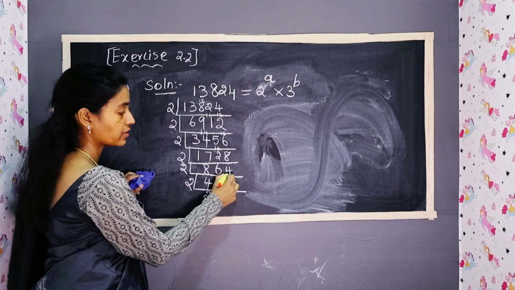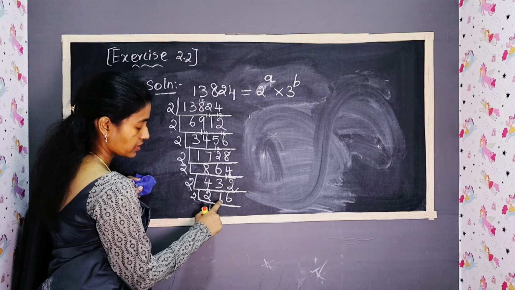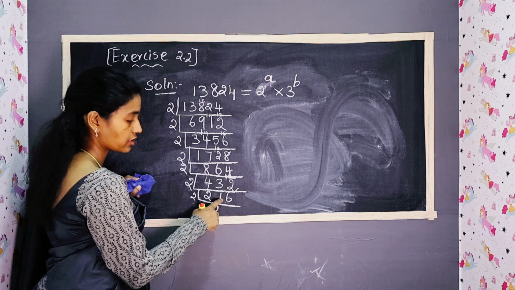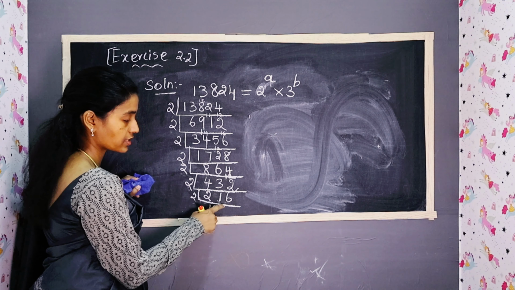If I am dividing 2 by 2, I'll be getting 1. Here 1 is there, so I have to put 0, right? Then only I can take these 2 digits together. If I'm dividing 16 by 2, I'll be getting 8, right? 8 into 2, 16. We should continue this. Since I have no space here, I can continue this process here.